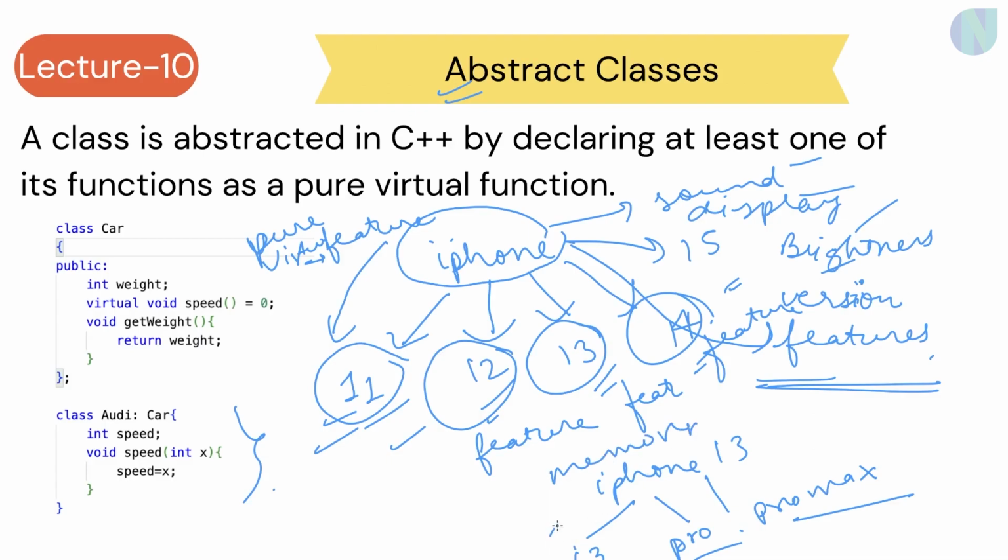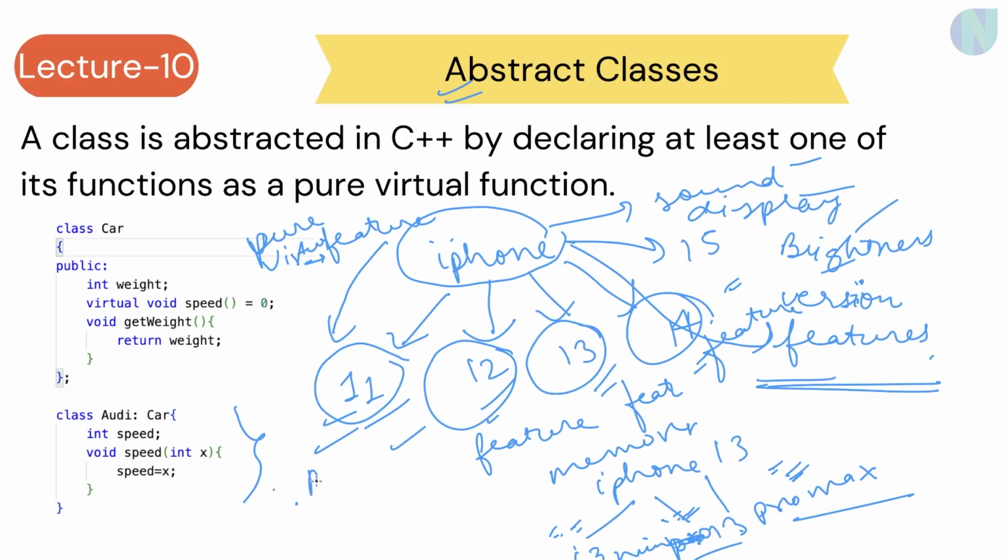For this the memory is a bit less, for this a bit more, and for this it is very much. For the camera features this is a bit less, this has more, and this has much more. So there are many differences in features in these particular phones. Okay, so let's leave this example.